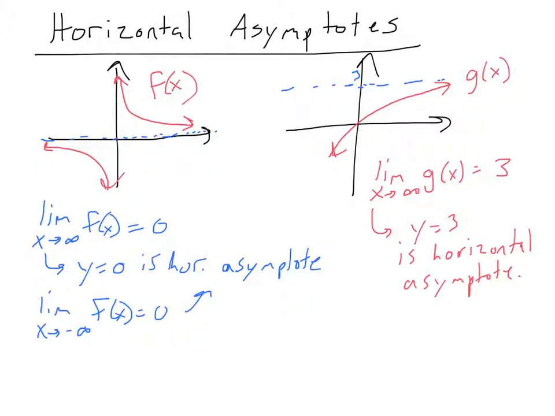So the question is, if we look at a rational function, how can we tell if that rational function is going to have a horizontal asymptote just by looking at the formula of the function, without having to graph it on a graphing calculator, which, as always, is what we're trying to strive for here.